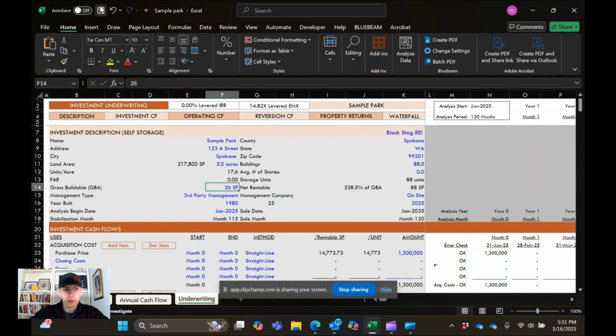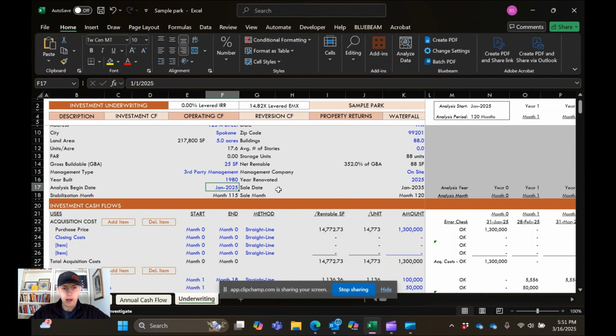Shoot. Okay, 25 pads. Year that it was built, we can determine that information. The management type, third party or not, on site or not. Probably not on site for this one. Beginning of 2025, this will probably be 2024's information.